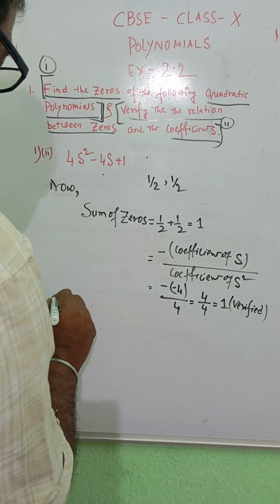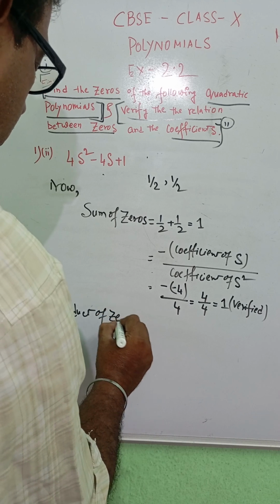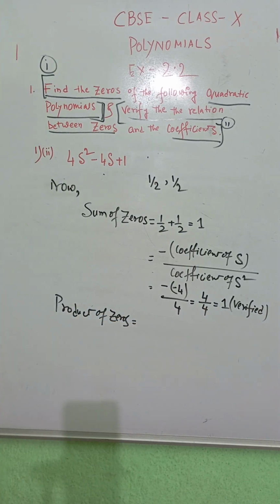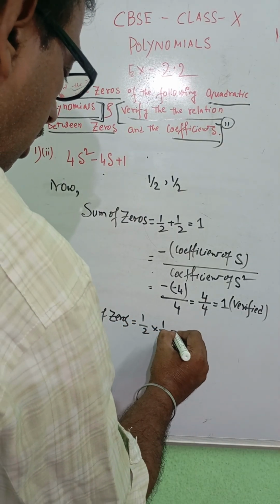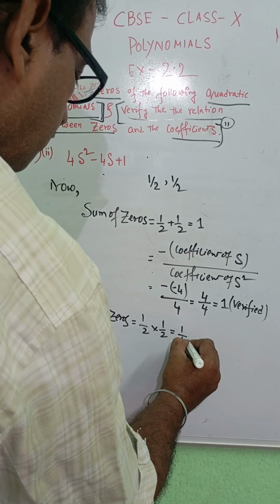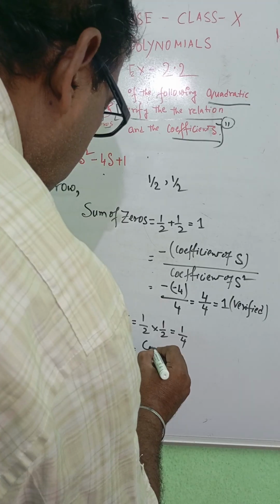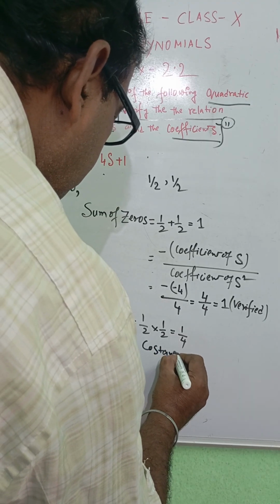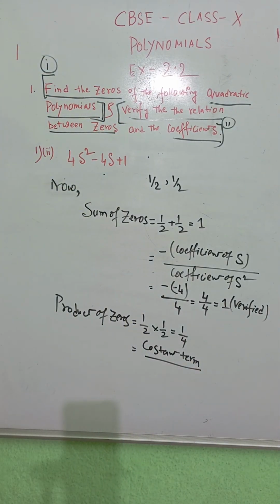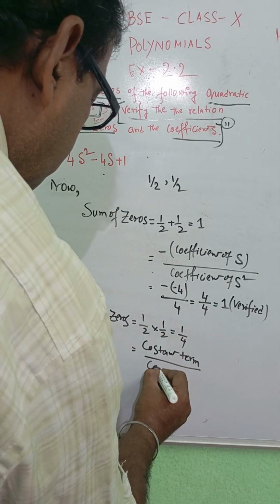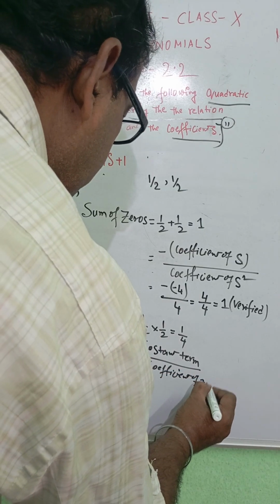Again, product of zeros: half into half, that is 1 by 4. That is constant term by coefficient of x squared.